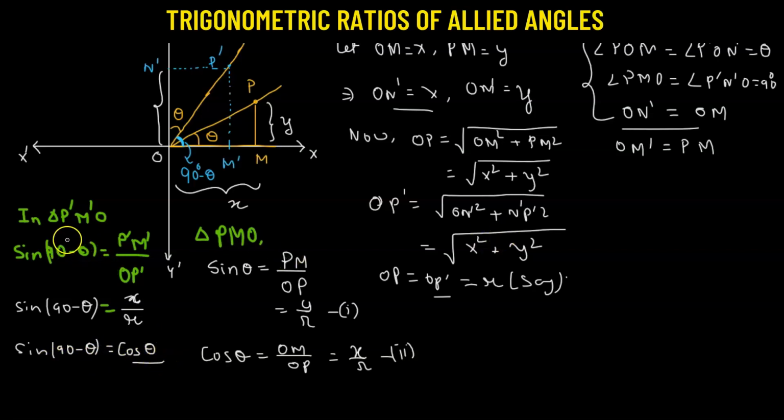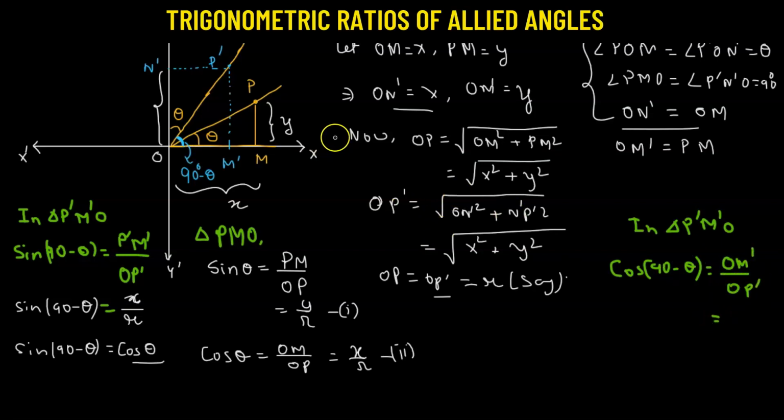Again, we're going to use the same triangle. Let me write it here. In triangle P prime M prime O, we're going to define cosine of 90 degrees minus theta. Cosine is the base over hypotenuse. So the base is OM prime divided by the hypotenuse, which is OP prime.